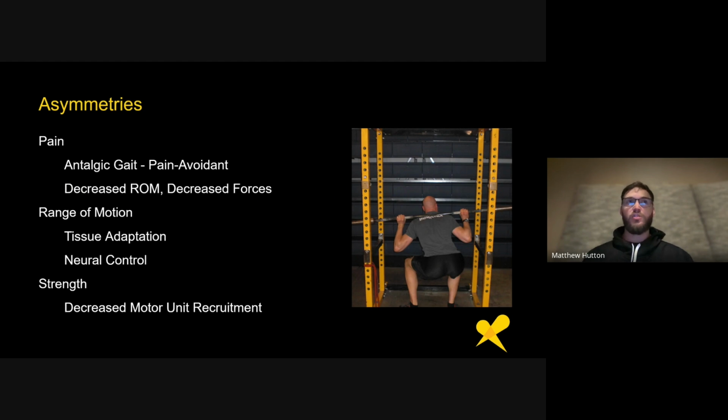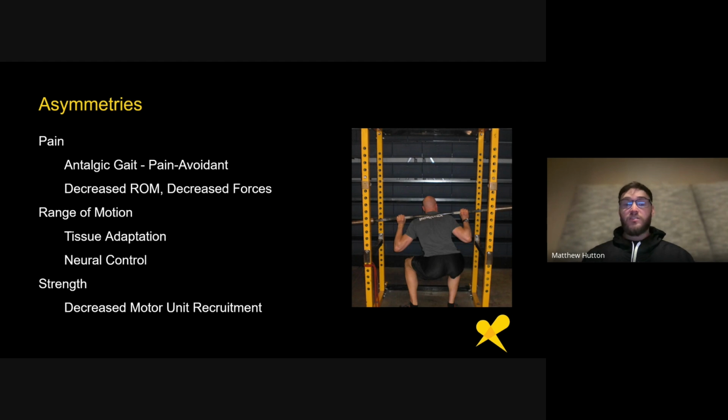And so then you start to reinforce those patterns, where the side you're shifting to is now getting stronger because it's taking up the increased force, and the other side is going to continually stay weak because it's not getting loaded properly. So there are some implications there in terms of exercise selection, which we talked about last week, I don't remember.